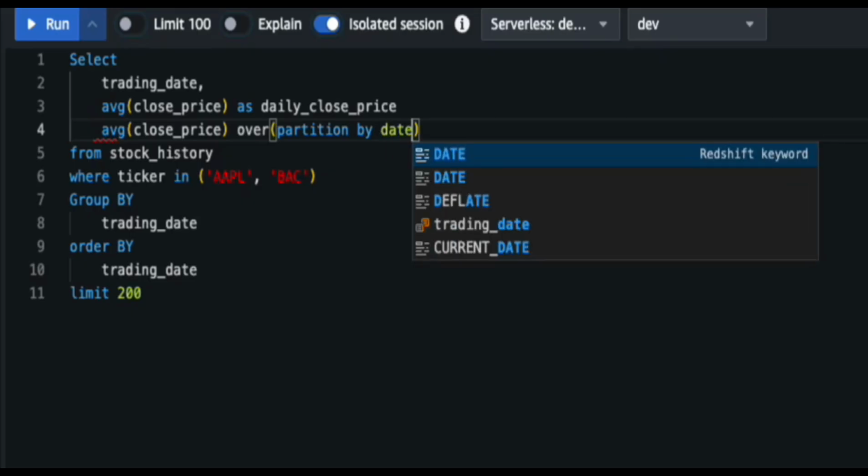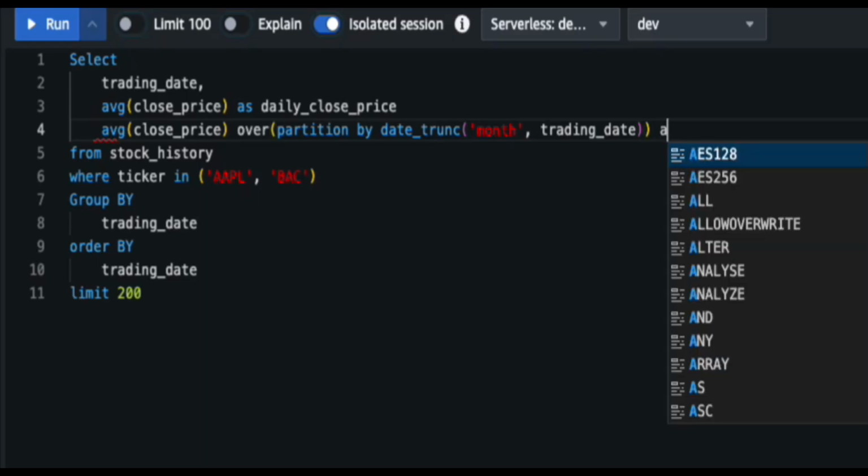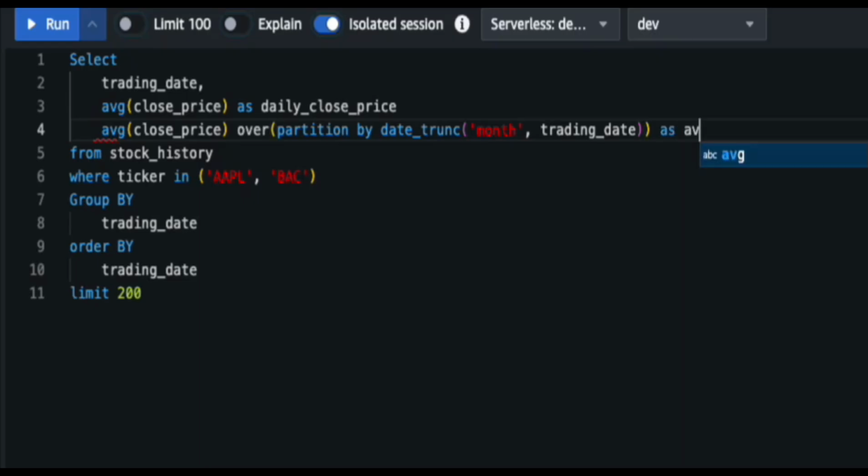I said for a given month, so I'm going to do date trunc, month, on trading date. I'm going to call this average monthly price, and then go over here and call this average daily close price.